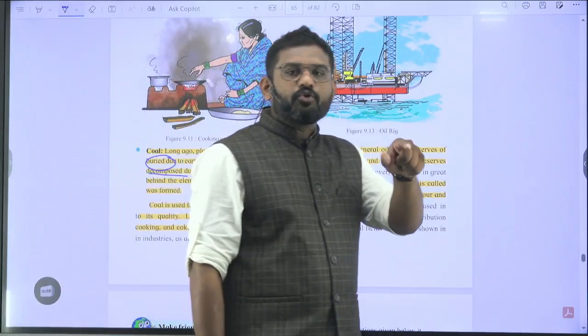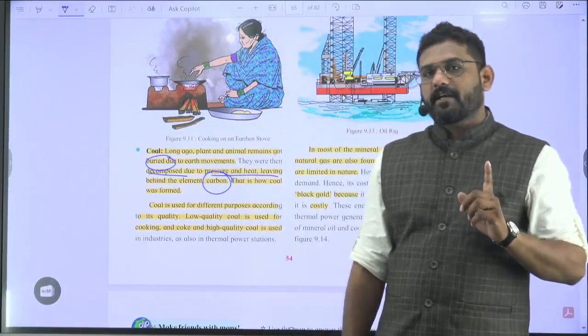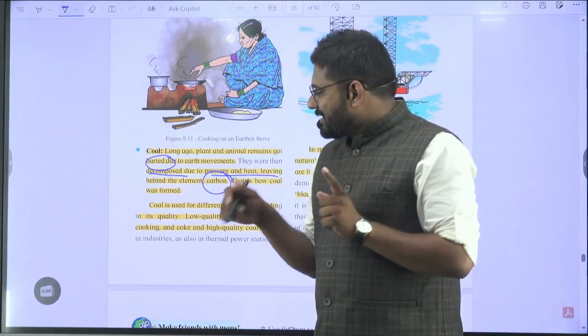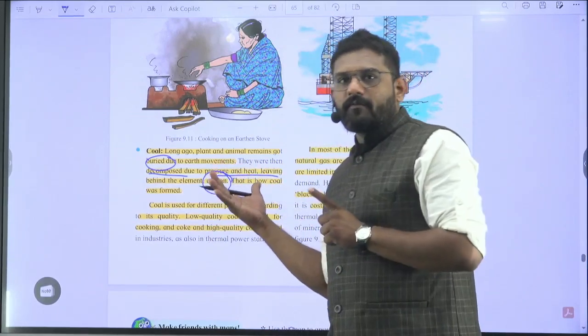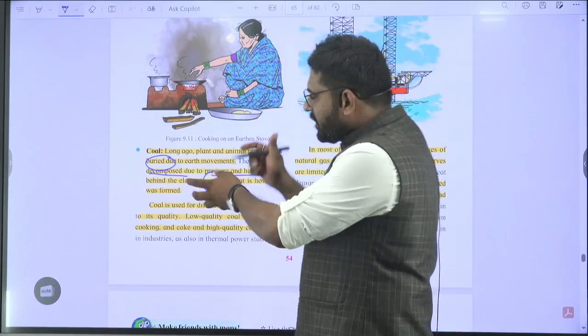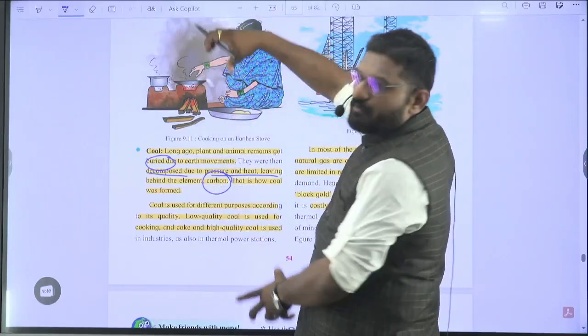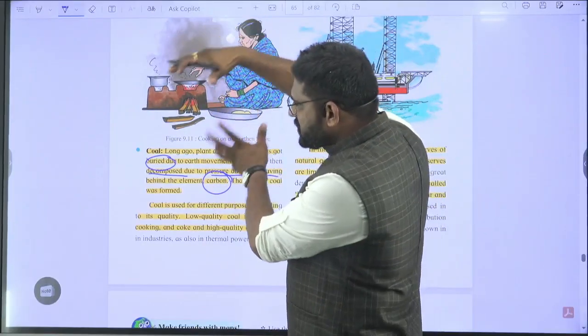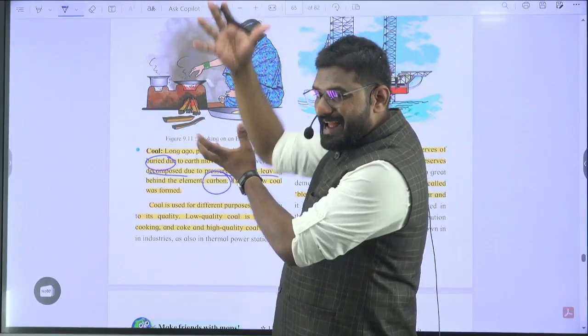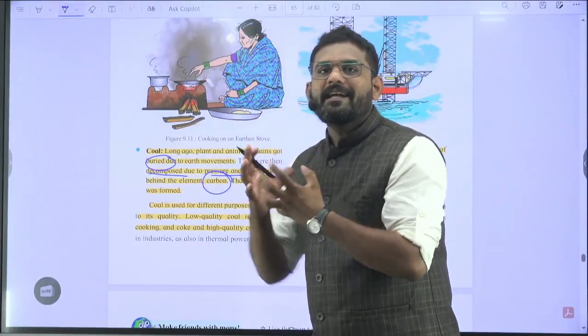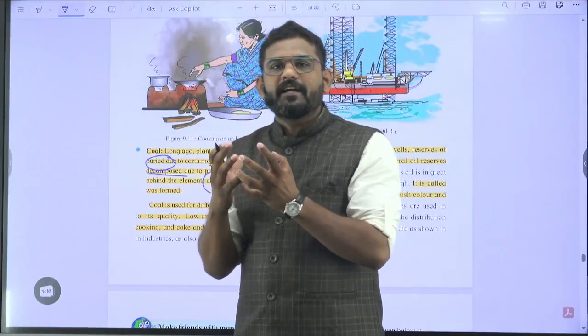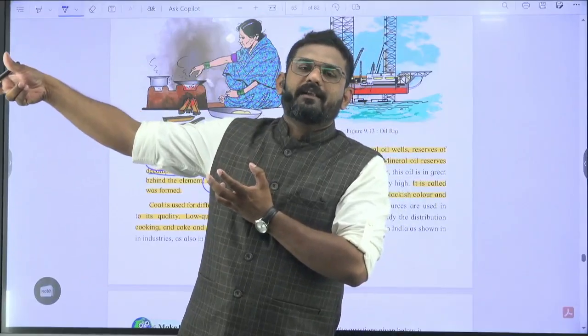That's why I told you greenhouse gases we have studied. What happens? This carbon, the solid form of carbon, we burn it and we release the gaseous form of carbon in air, and that gaseous form of carbon attracts or stores heat with it, and because of this heat, climate change is happening at a larger level.